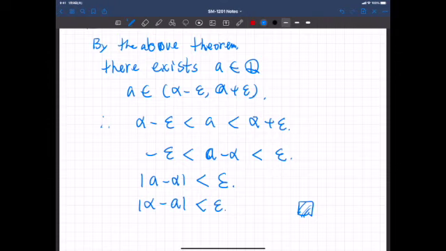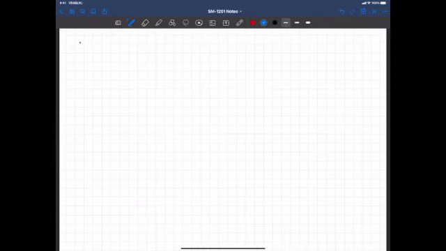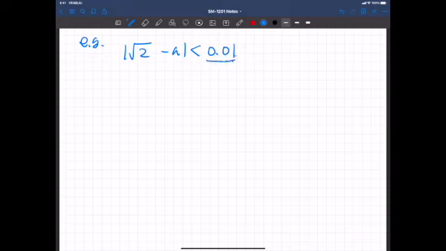Let's see a few concrete examples of this fact. So here are examples. Consider square root of 2 and a, such that the difference is less than 0.01. So in this case, this is that epsilon, and this is alpha. Now we want to find a rational number a that satisfies this inequality, which is quite easy.